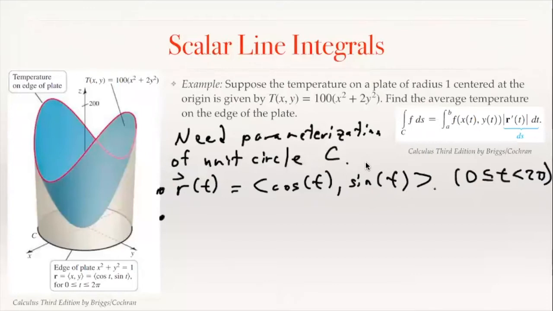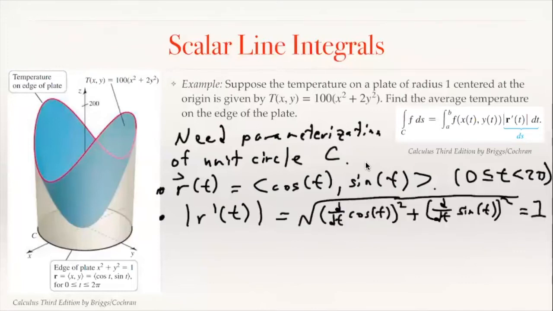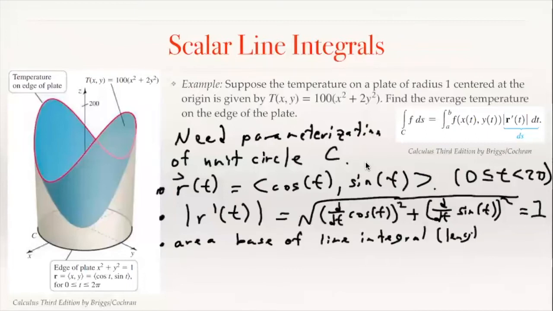Okay, and we'll need our speed. You may recall that this was actually an arc length parameterization, but we can compute that speed by taking the square root of the squares of the derivatives, and that is 1. And the area of the base of the line integral, i.e. the length of C, is 2 pi. It's just the circumference.